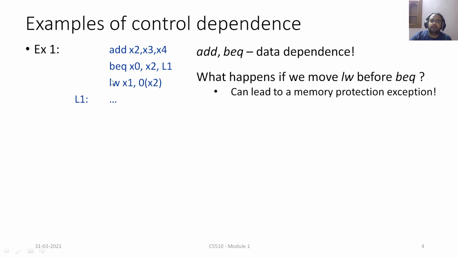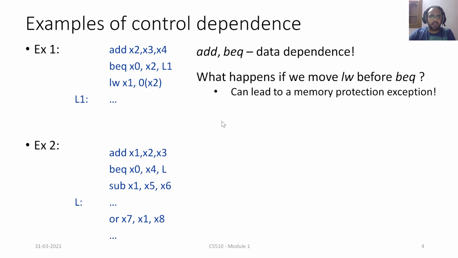Now if I have placed the load above, it would mean that even when x2 is 0, we are trying to load some value. Let's say that location does not belong to us, that would potentially result in a memory protection exception.